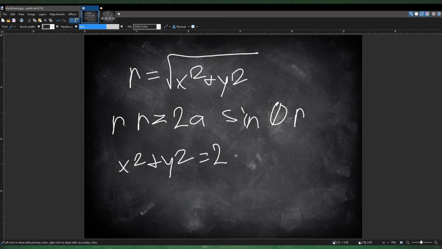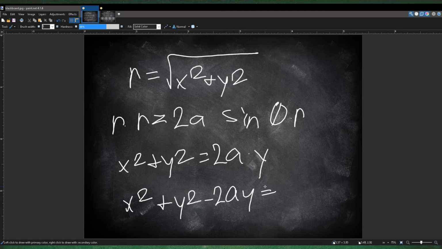Then you have 2a, and r sine of theta is the same thing as y. Then you subtract this to the other side, so you have x squared plus y squared minus 2ay is equal to 0.